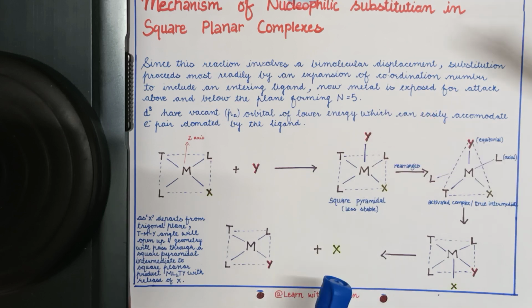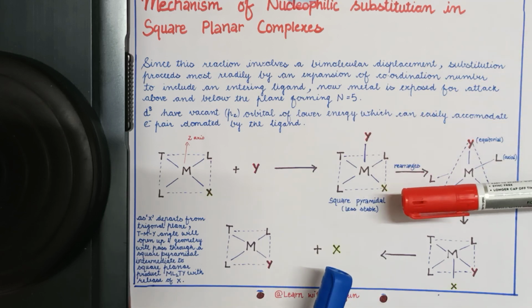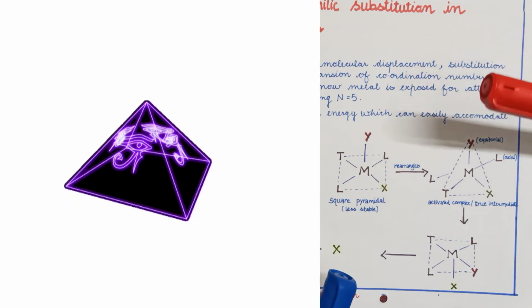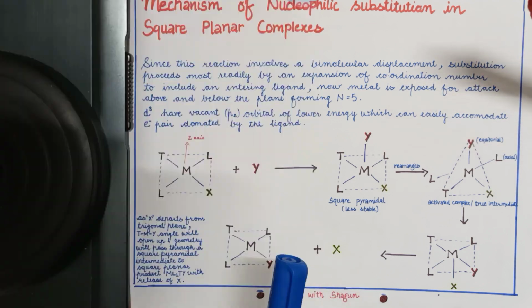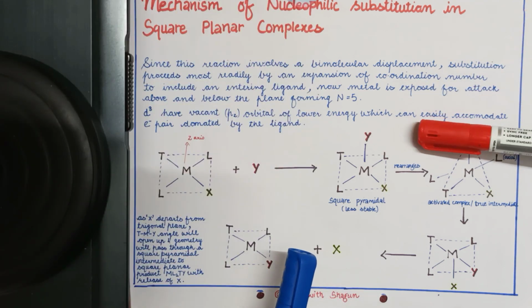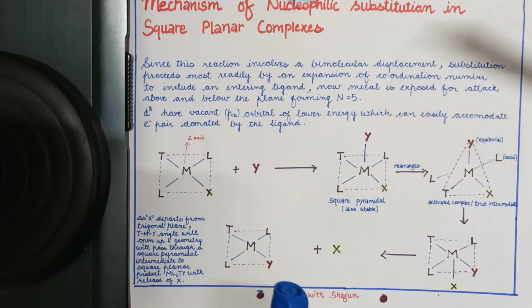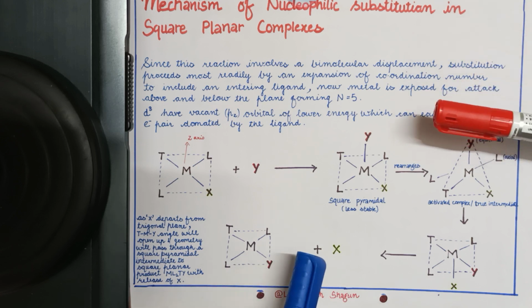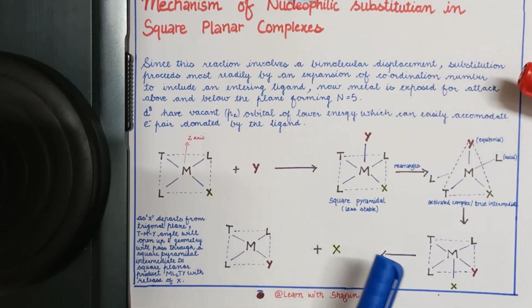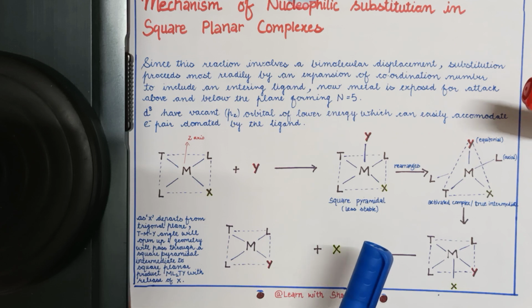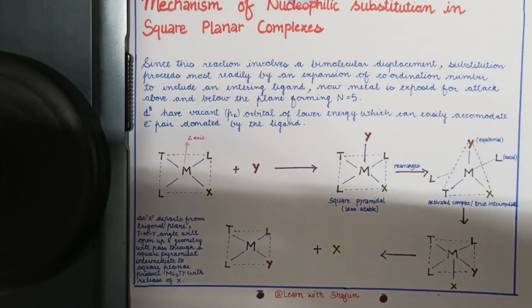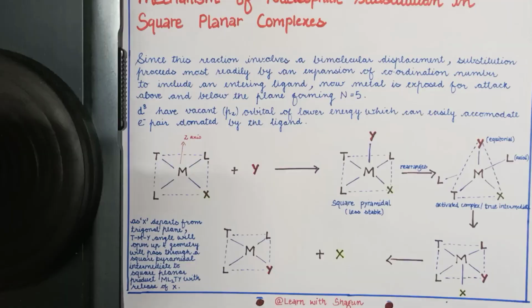The Y. Now the geometry became square pyramidal, which is very less stable, and it has a coordination number of 5. For coordination number 5, you must have rarely heard the name of the square pyramidal geometry. So it is very less stable. That is why now tautomerism happens. Rearrangement happens. Look carefully towards this step.